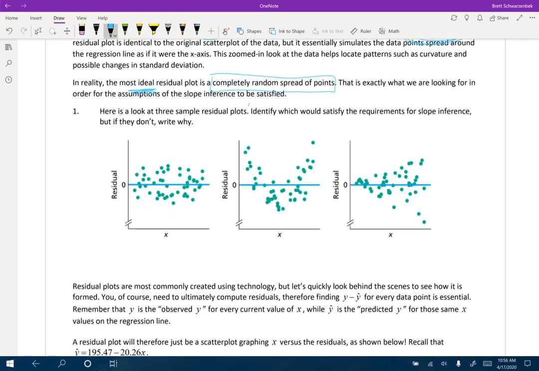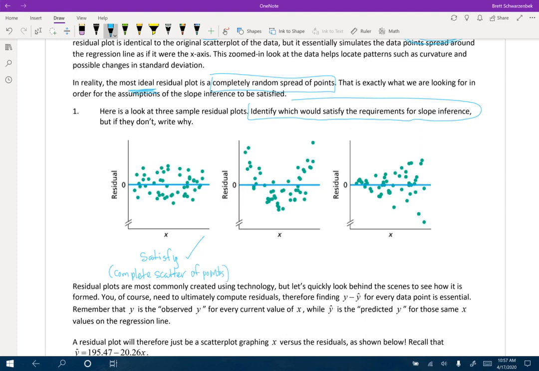The directions say to identify which would satisfy the requirements for slope inference. This would definitely satisfy, right? Why? Because of the complete scatter of points. Okay, this is what we want.